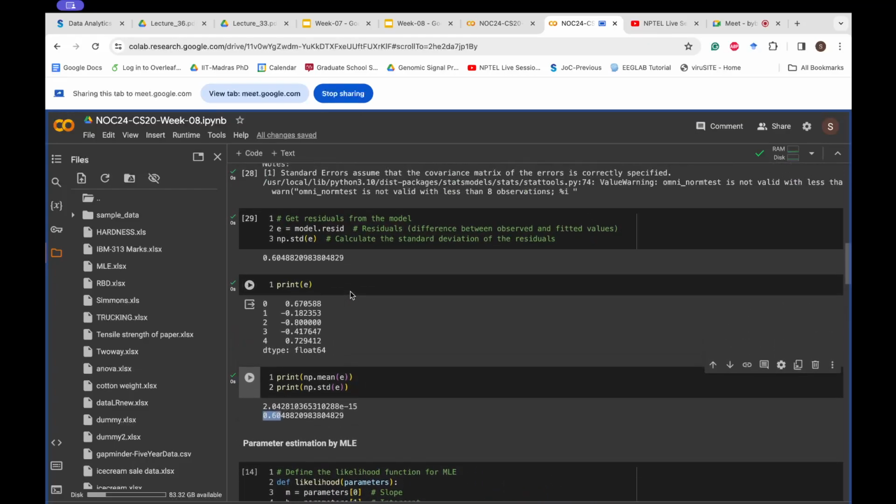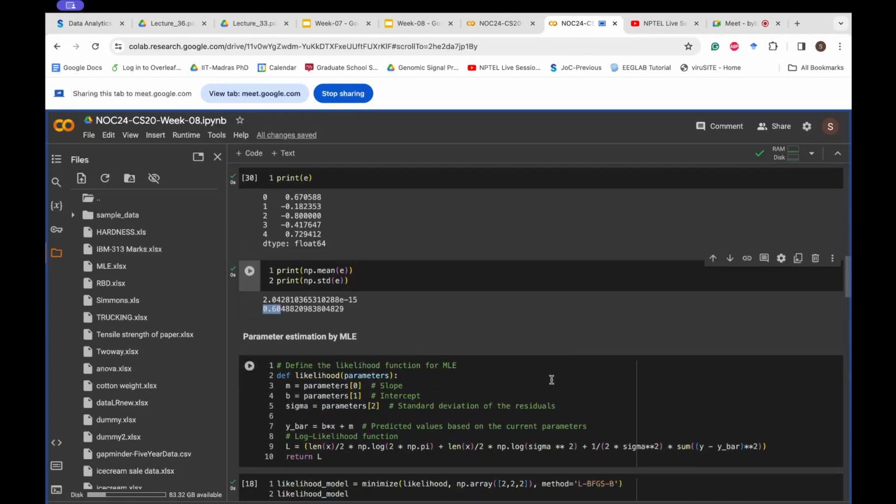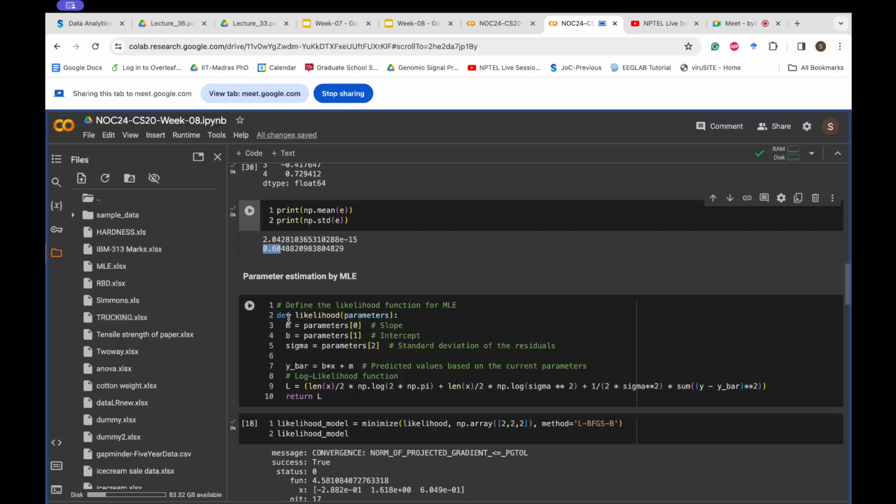Okay, so this was using ordinary least squares. Now we can use maximum likelihood estimate. Here I have defined this function likelihood, which has these parameters: the slope parameter and the intercept parameter.